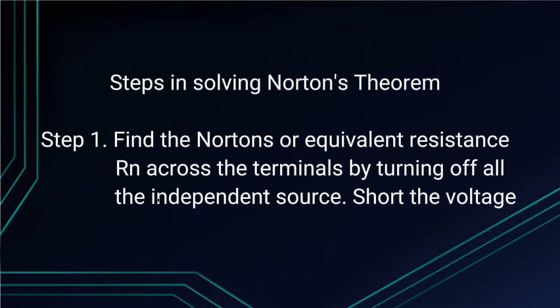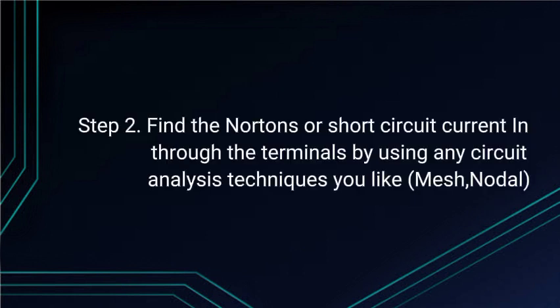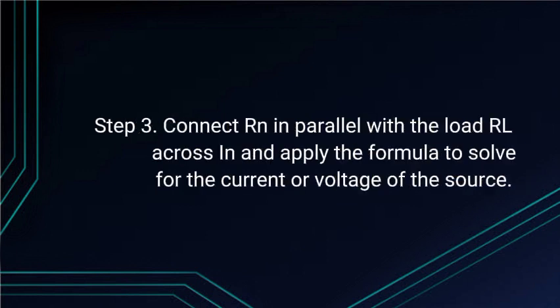Find the Norton's or short circuit current IN through the terminals by using any circuit analysis technique you like, either mesh or nodal. Step 3 is to connect RN in parallel with the load RL across IN and apply the formula to solve for the current or voltage of the source.